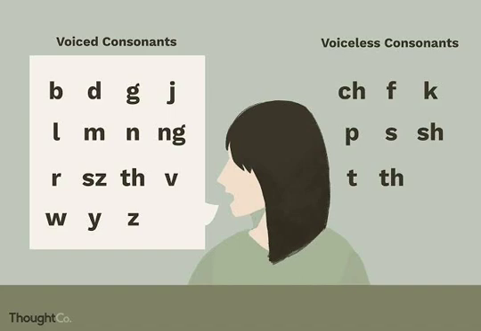Theta is in Greek known as theta. Eng, and esh, known as esh, were used by Bateman in an alphabet that was a precursor to the IPA.